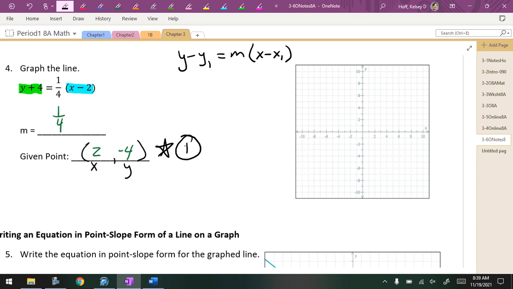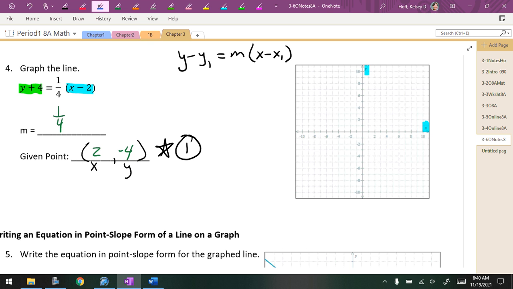Remember, guys, your axes are labeled X and Y, so you know which way to go. Do you have 2 on your X and -4 on your Y? Which one's your X? Are you pointing at 2?